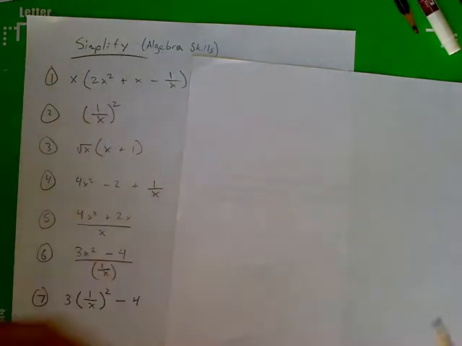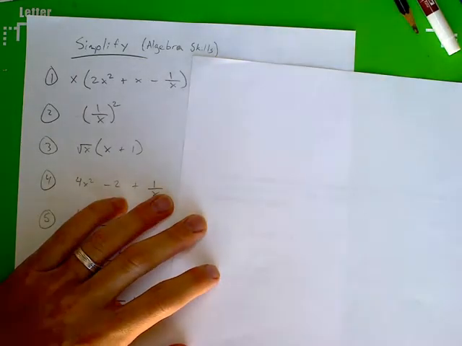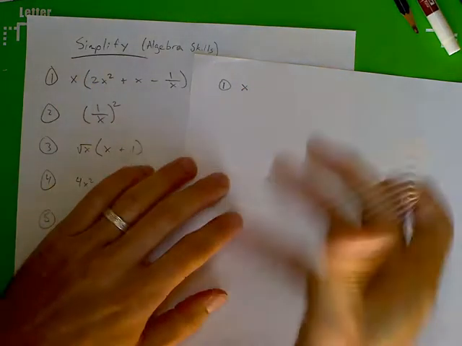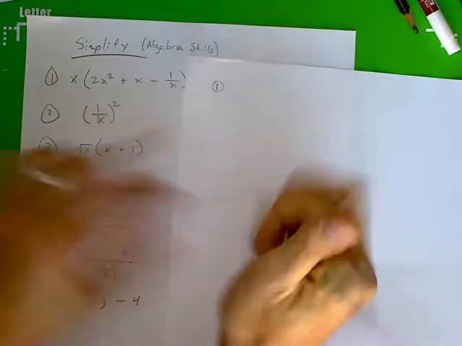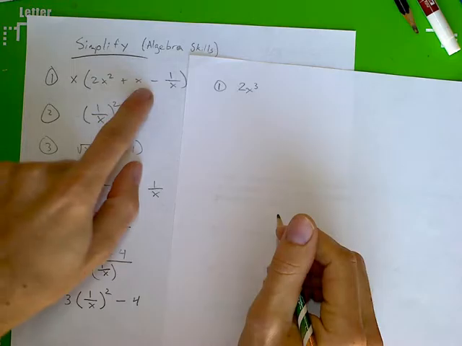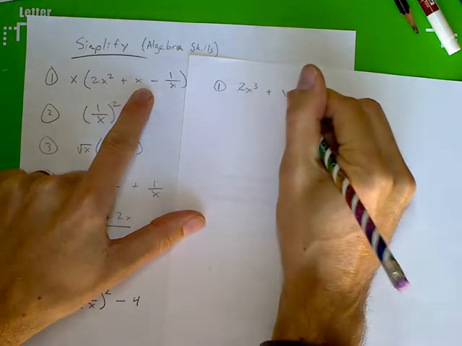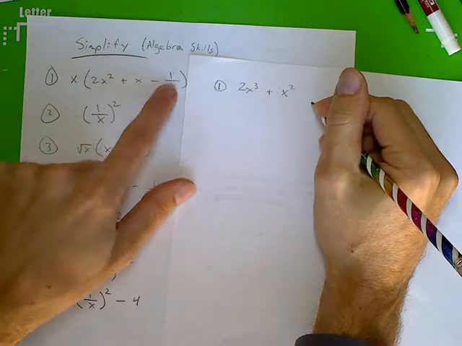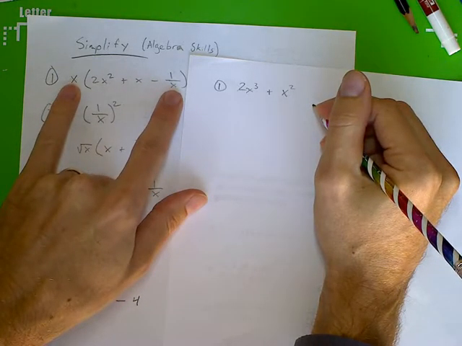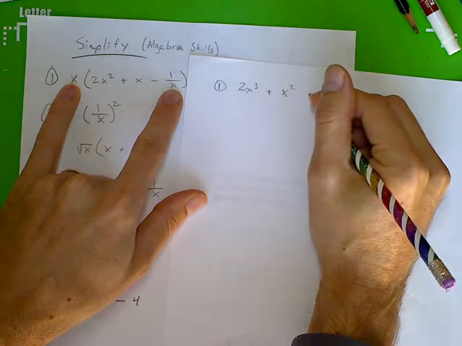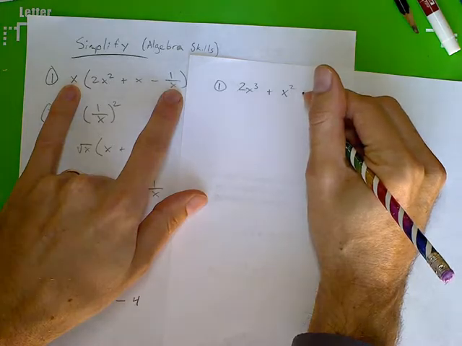So this first one, I think we all did pretty well on, because we distribute a lot. On number 1, we're just going to take that x and distribute it times each of these. So x times 2x squared is 2x cubed, x times x is what? And then what would x times 1 over x be? X times 1 over x.